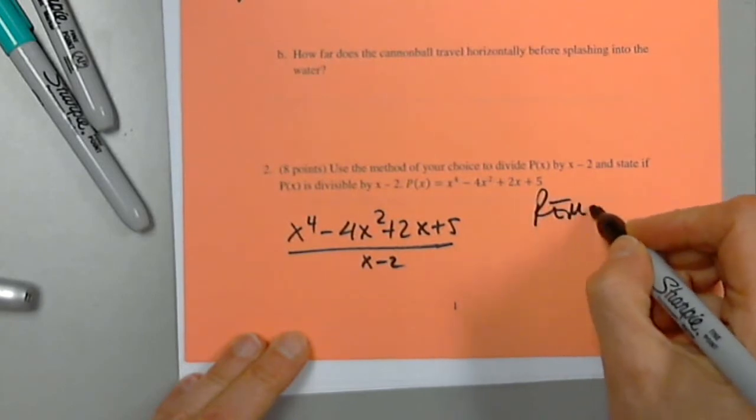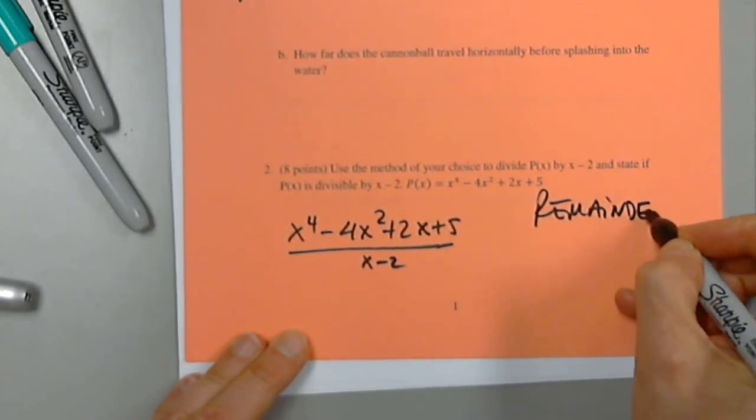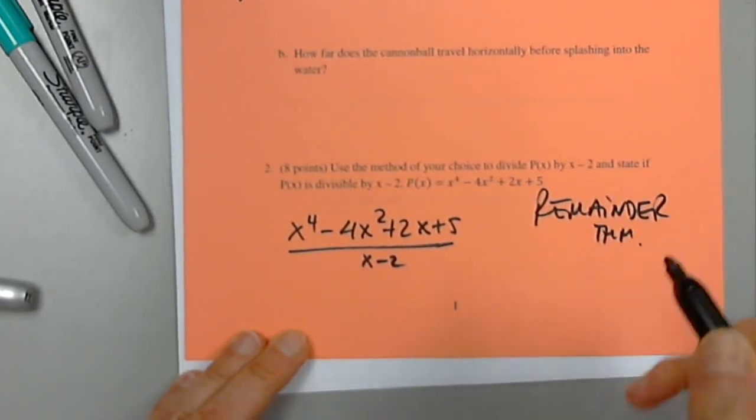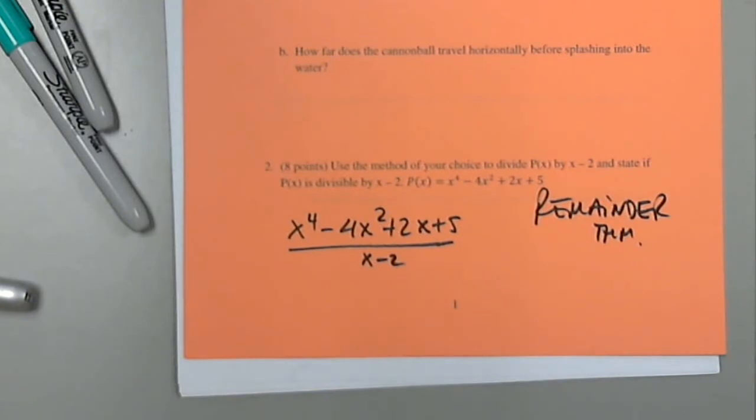I want the remainder theorem because it's the easiest. If I want to identify whether x minus 2 is a factor of the top, I don't care about the quotient. If you use long division and get the remainder 0, what would you say?